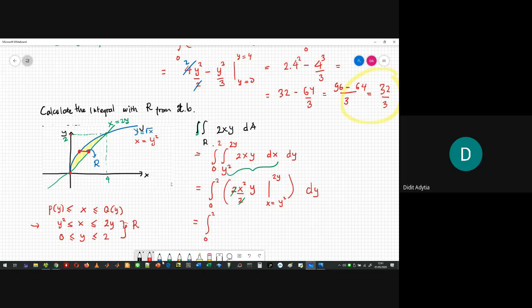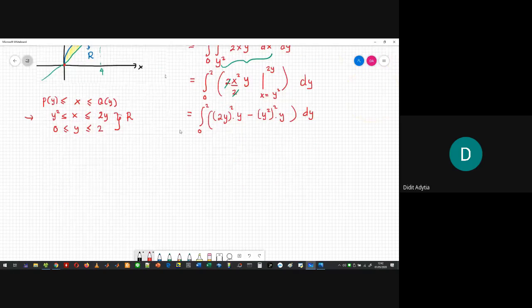Okay, now this one, okay, 2y. 2y square times y. The minus, and then I replace the x with y square. Okay, this is y square times the y. So this one is actually dy.